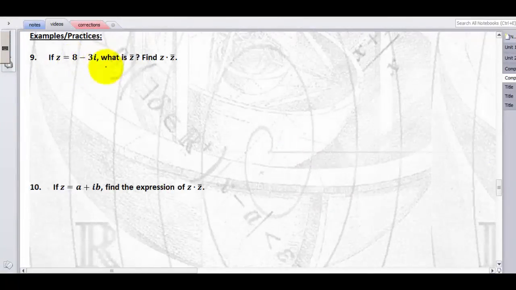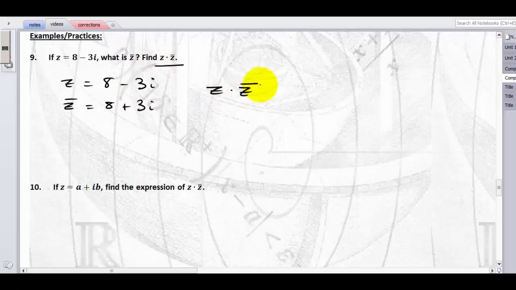Anyway, let's move on. So here's a complex number, z equals 8 minus 3i, and z bar is going to be 8 plus 3i, and I want to find z times z bar. So what is this? This is 8 minus 3i times 8 plus 3i. Hey, the formulas do work, so let's apply the formula.